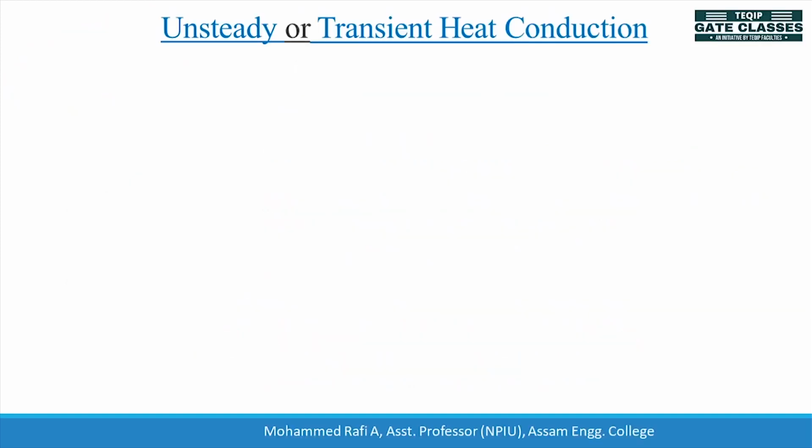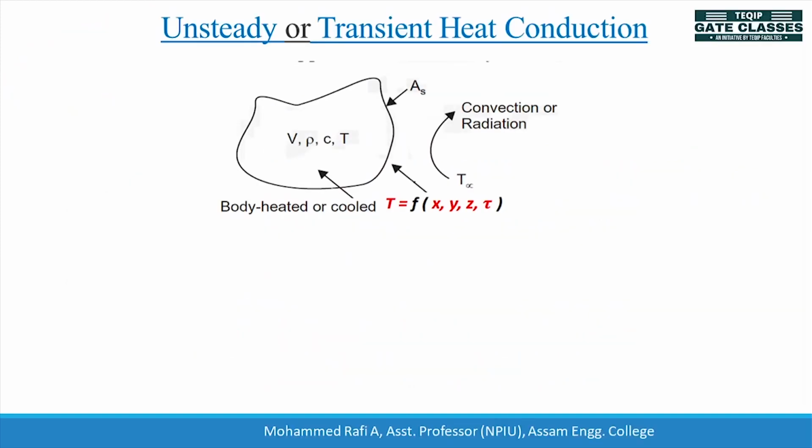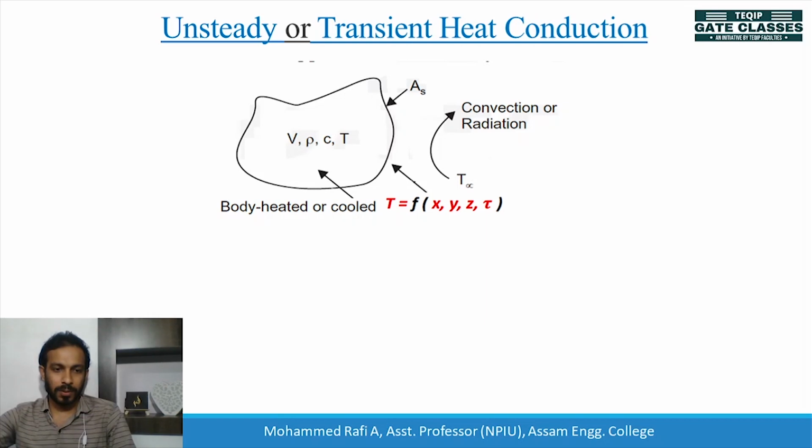Basically, for the unsteady heat transfer rates in any case, take the scenario of any body which has a volume, a density, a thermal heat capacity, and a particular temperature T, and it is surrounded by an ambient at T infinity.